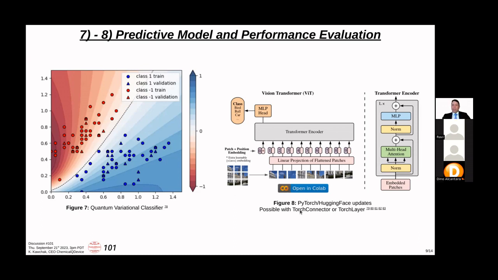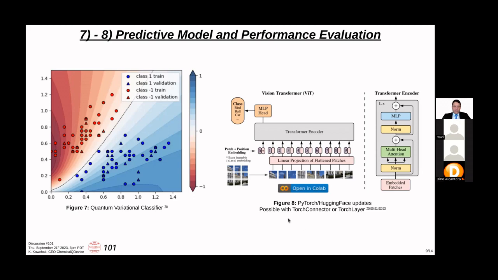Basically says that all of these are available and they're in some form of torch, or PyTorch. Now in Qiskit and PennyLane, you can use torch connector or torch layer to start inserting your quantum algorithms in these layers, just like how they sit in a torch superclass, and then define forward function, your forward pass, these types of things. So to me, that's where a lot of the innovation will happen.